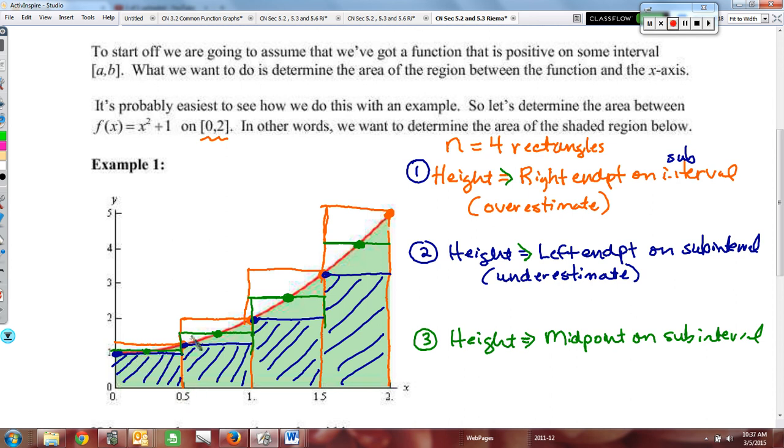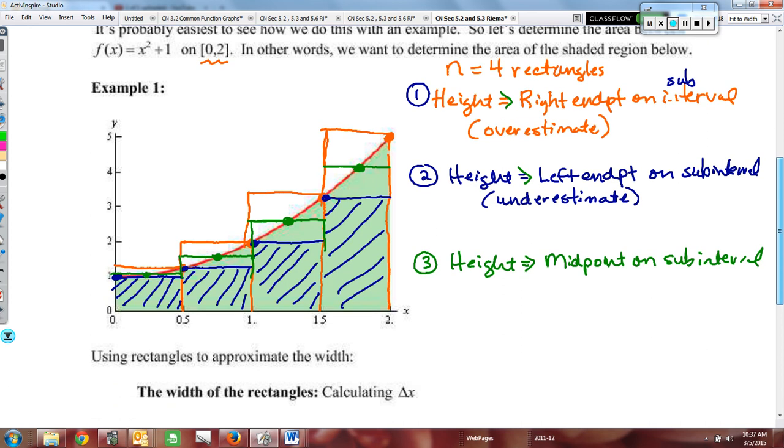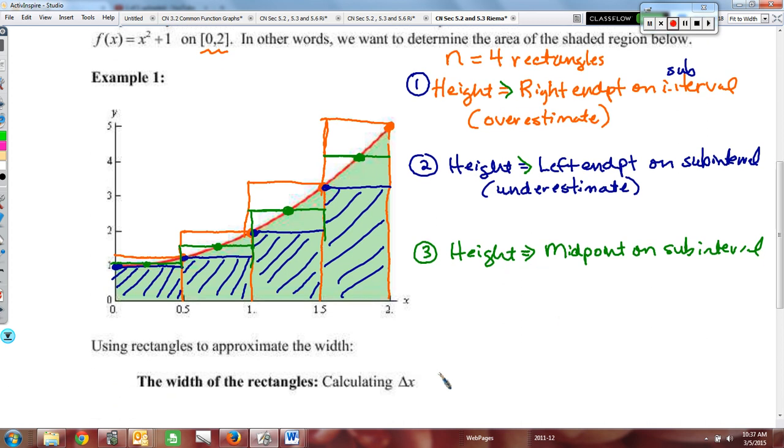You can take this little section and flip it and fill it in over there, and that little section would fill in there. So that's going to be a pretty good estimate. And we're looking at a very simple function here that is only increasing, so obviously in this example, this is clearly the best choice.